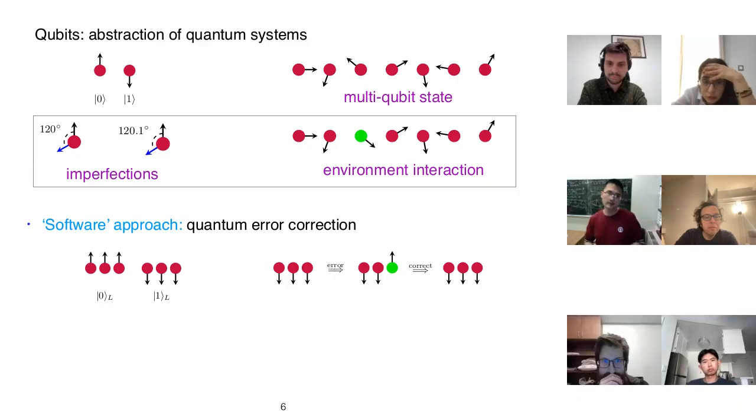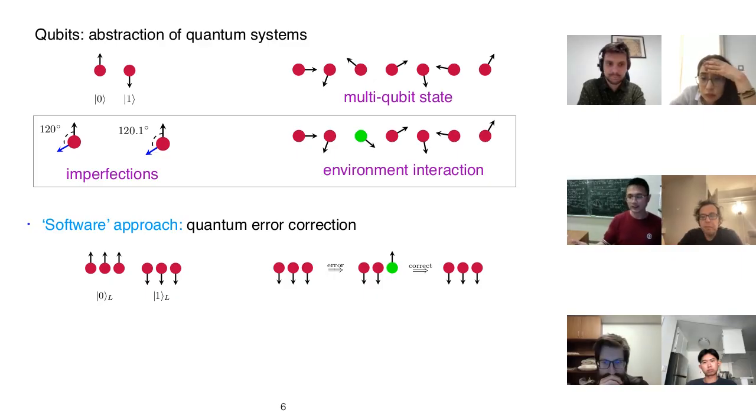So a standard approach to dealing with this issue is to use a quantum error correction code. Namely, we can encode a logical qubit inside multiple physical qubits. Let's say I can just take 3 physical spins to encode 1 logical spin. Then let's assume that the error is not too terrible and it flips one of the spins.